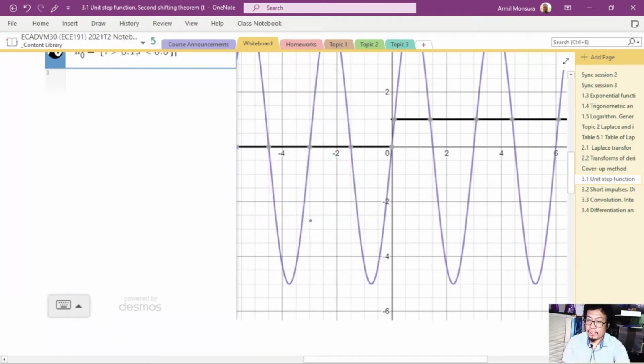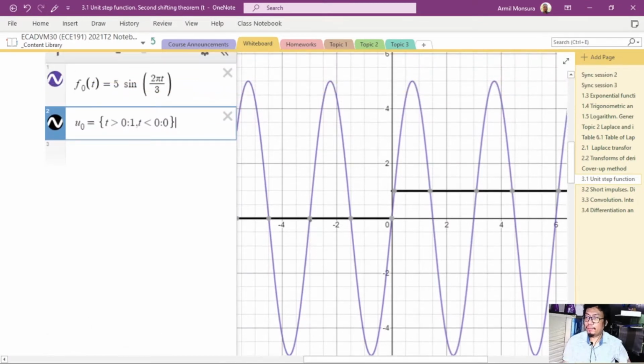Again, as I was mentioning, if you multiply the values of this black line to this violet sinusoid, at this area when t is negative, the product would become 0. So this purple sinusoid on the left side of t equals 0, this thick line here, vanishes.